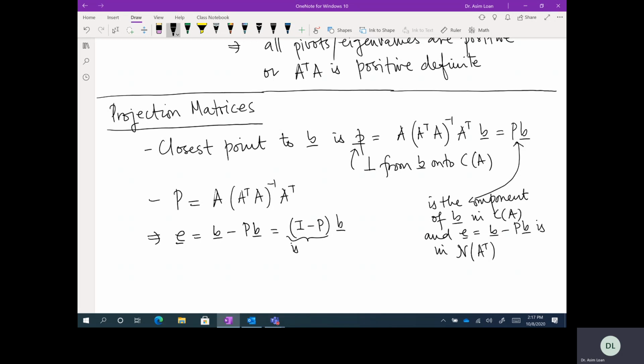This one is also a projection matrix, but you are now projecting onto the left null space.